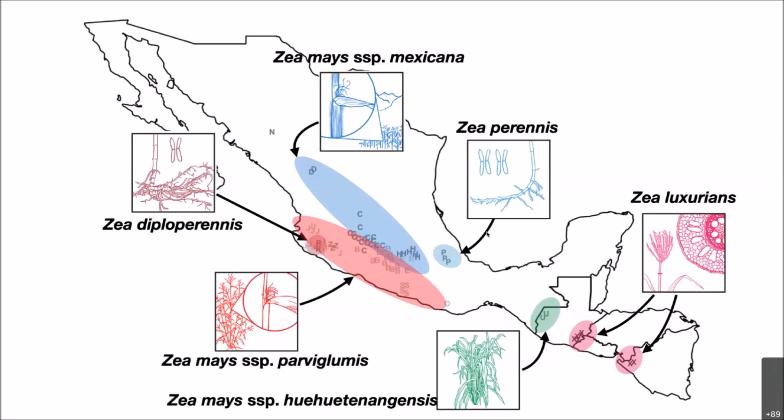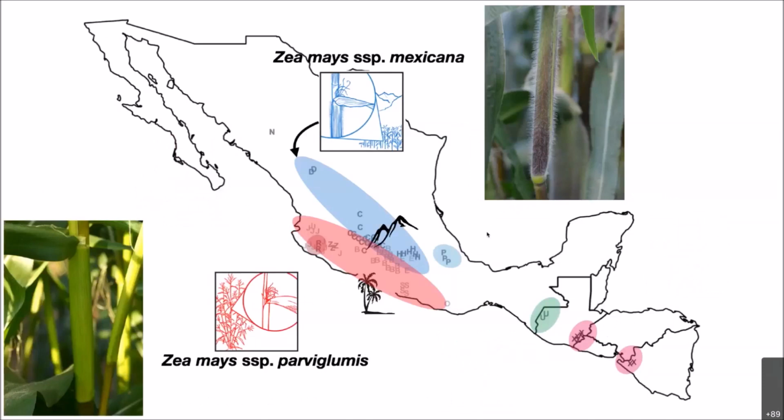It was pretty readily apparent to most workers that the probable direct ancestors of modern maize were one of these two annual subspecies of Zea mays. So either Zea mays subspecies parviglumis, shown on the left, and throughout the talk I'll use this red icon and red color for subspecies parviglumis, or subspecies mexicana, which is shown in blue here with this blue icon.